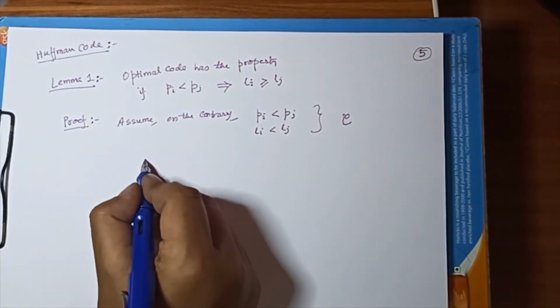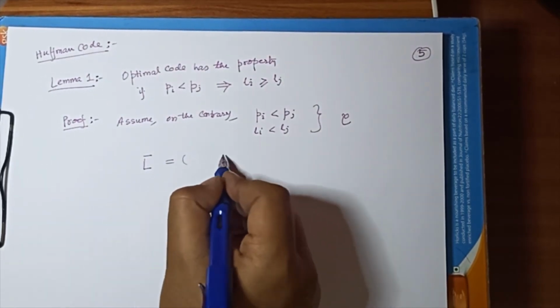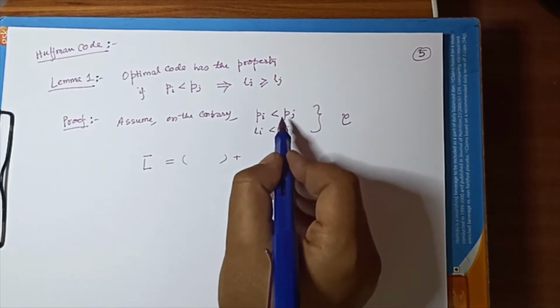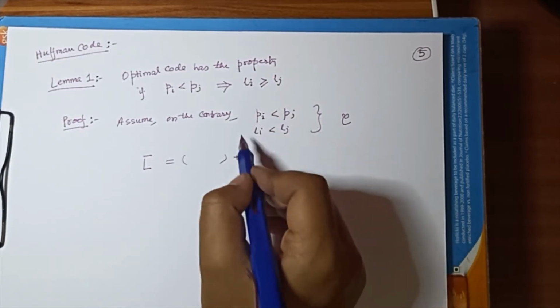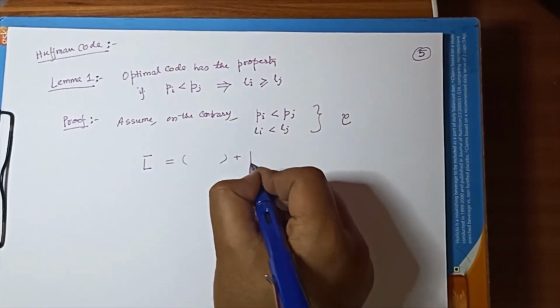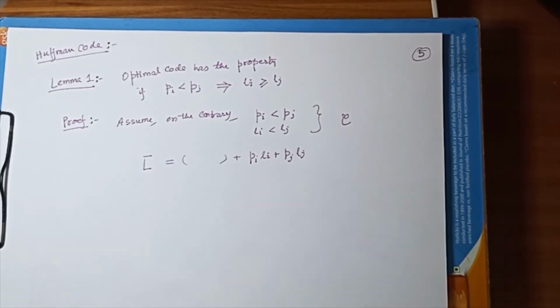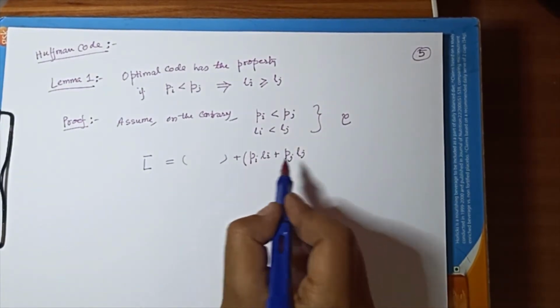So in the expression of average length, there will be different terms, but the terms corresponding to these two code words, ai and aj, will be pi li plus pj lj, and there will be some other terms where the corresponding probability and length values are entering from the other symbols, but corresponding to these two symbols i and j, the terms will be this.